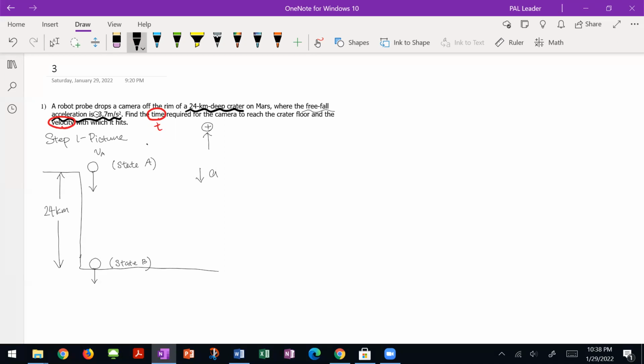So VA is going to be 0, but we obviously will have a VB, which will not be 0, because it fell down and now it's moving with a velocity caused by the acceleration going downward.